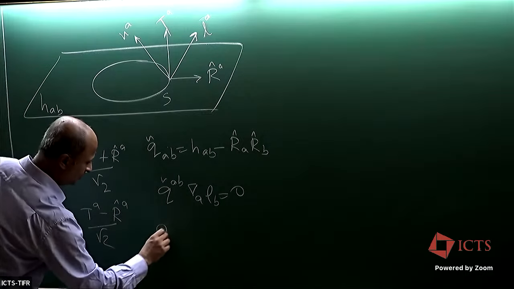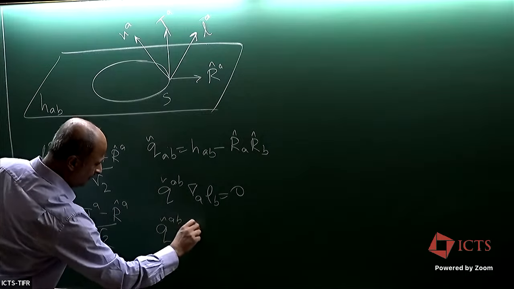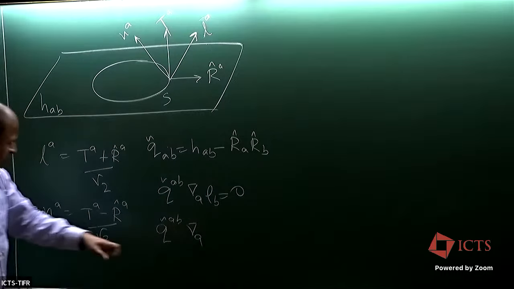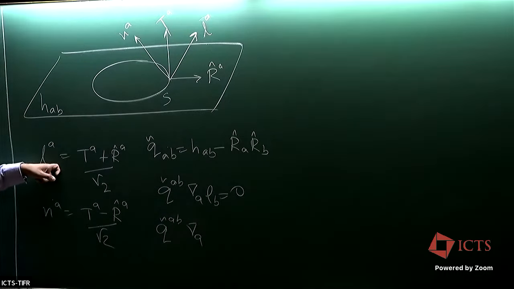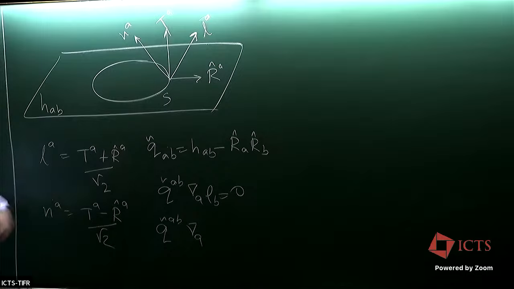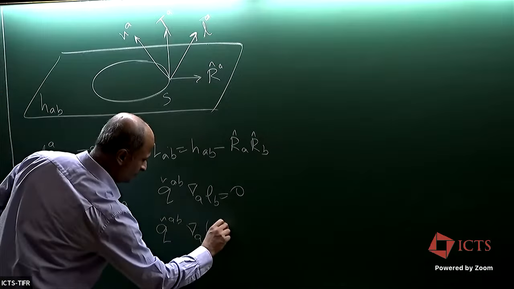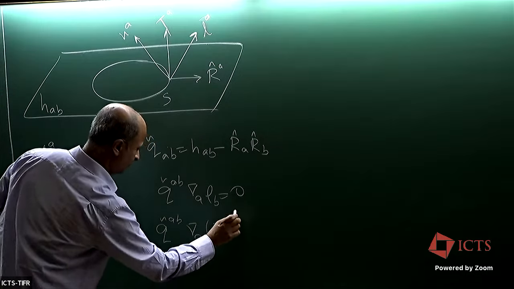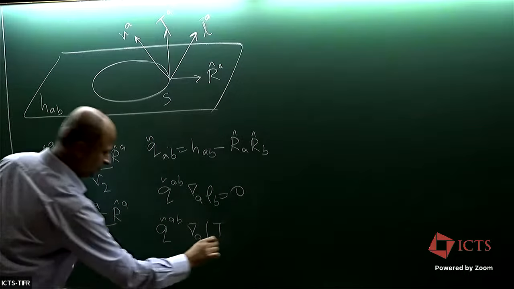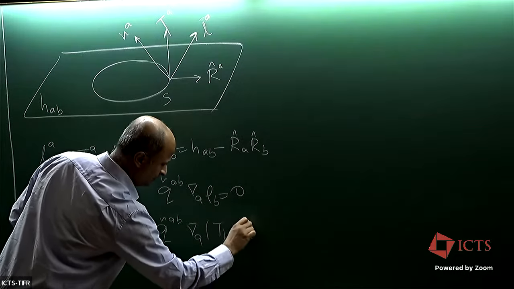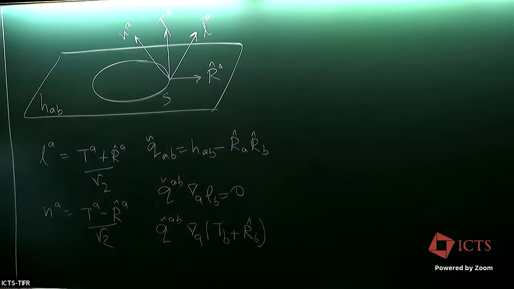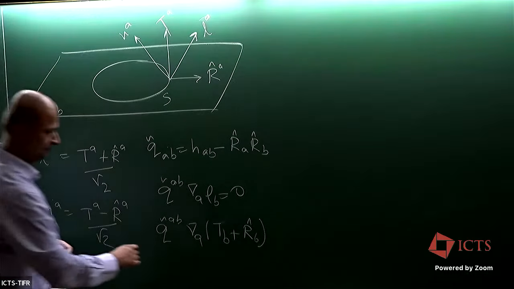So this is Q tilde AB. For L, I choose this condition here, and the root 2 doesn't really matter, it's just an annoying factor for the normalization condition. I just take T plus R here. So this has to be then 0.